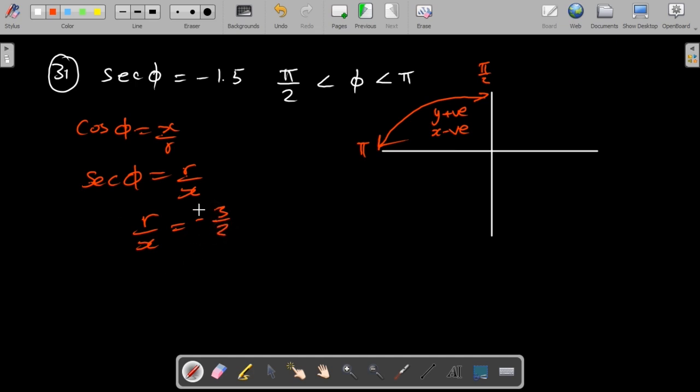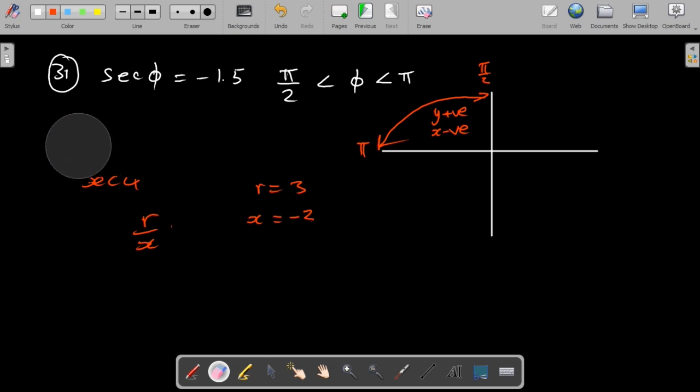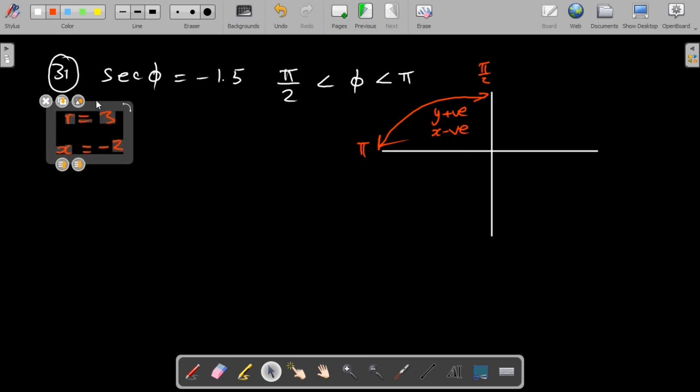So if we assign values to r and x, I'd say r is 3 and x is negative 2. Now I have x and r, and let's find y because we need it for the other trig ratios which you're asked to find.